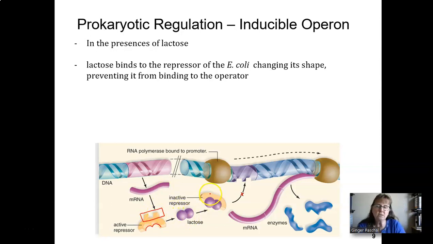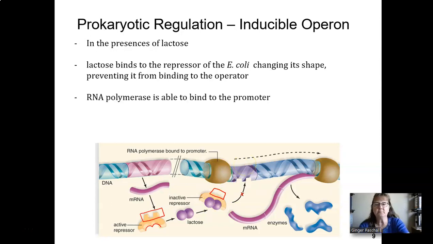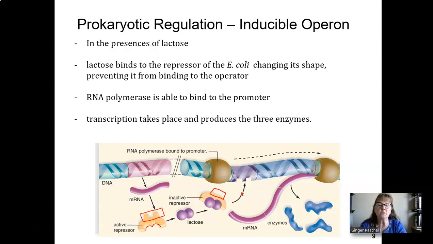When it binds, that second binding site has changed, which has caused this now inactive repressor to fall out of the operator. It can no longer stop the process of transcription. So RNA polymerase is able to bind to the promoter, it's able to pass by the operator, and transcription can take place. As you can see, mRNA is being made for each of those 3 enzymes that need to be produced in order to break down the lactose.